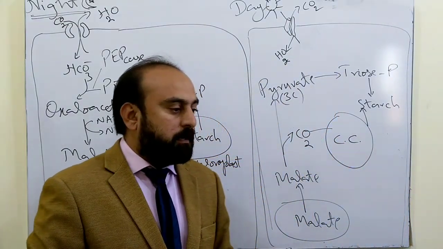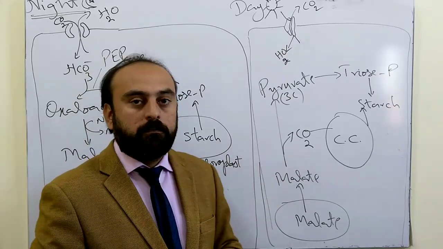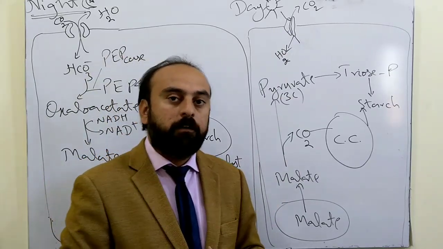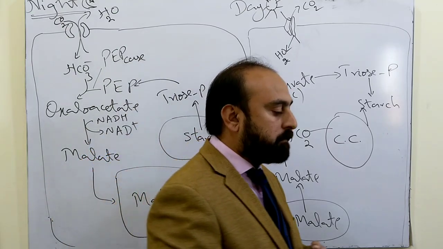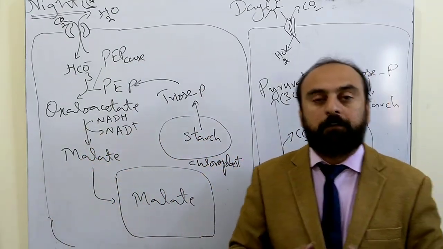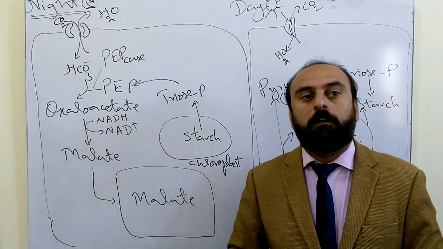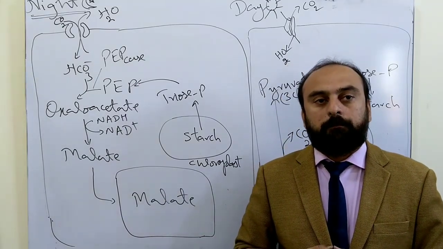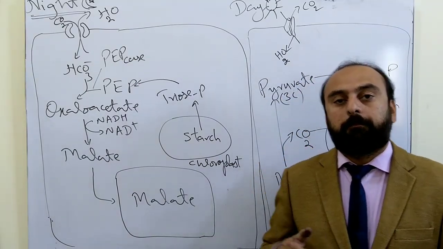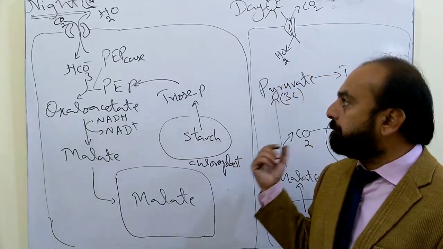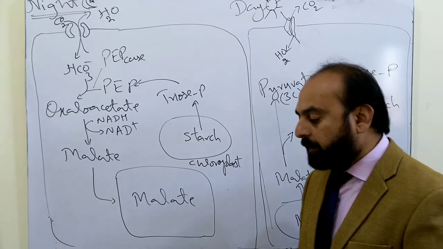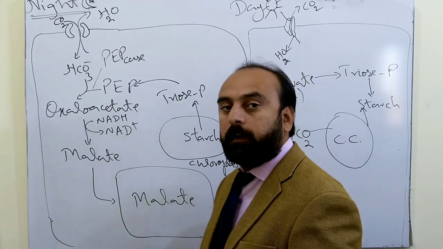There is another question: which pathway came earlier, C4 or CAM? The answer is that the CAM pathway is more primitive. It came earlier than C4 because it is also found in primitive ferns, whereas the C4 pathway is only found in angiosperms.